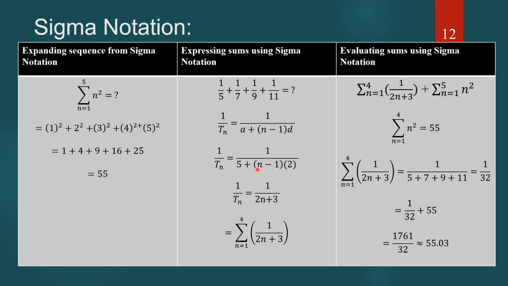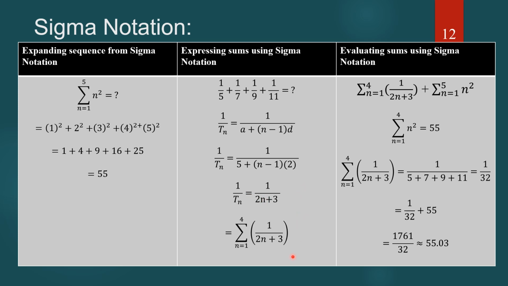So if we had to take this and express it using sigma notation, we get an expression like this. Our n equals 1 would obviously be the first term, and we end at term number 4. There are only 4 terms in this expression, so that's why our upper bound was 4 and the lower bound was 1.